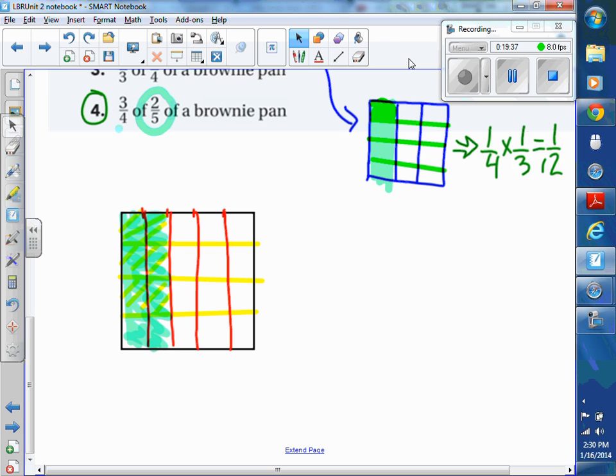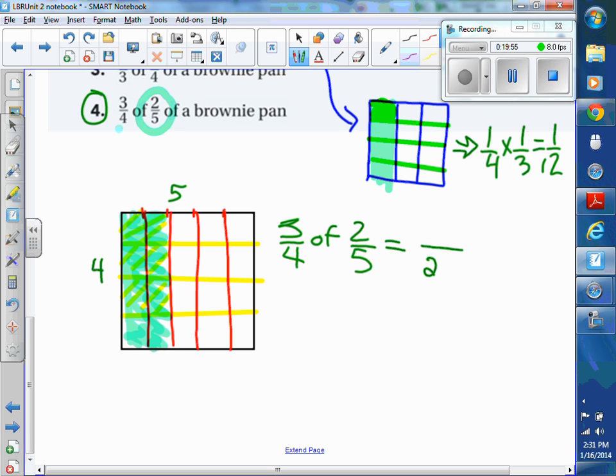So 3/4 of 2/5. Do you know what that is? How many pieces are in that brownie pan? It's a 5 by 4 now, isn't it? What is it? 20. There are 20 pieces. And how many pieces out of 20 do I have? 6. It's hard to see the overlaps right here.